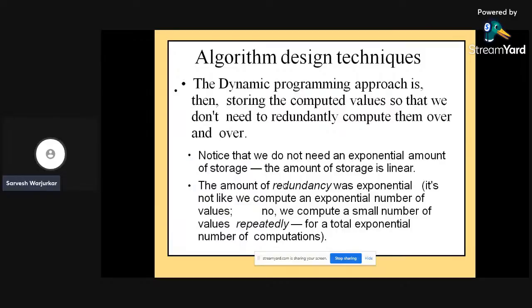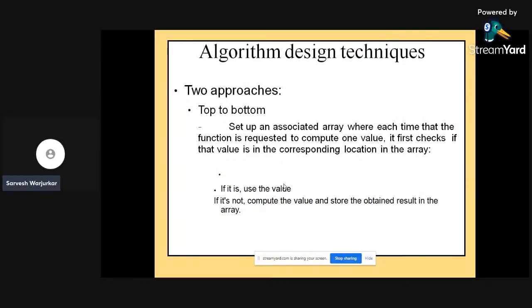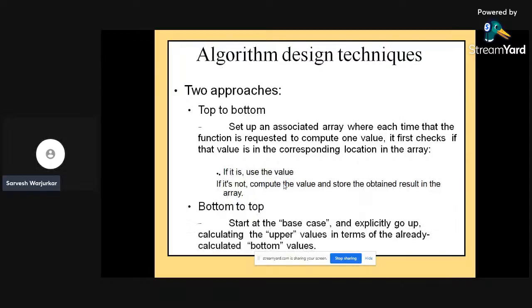The amount of redundancy was exponential, so the computation of smaller values repeated for a total exponential number of computations. As I just mentioned, there are two different approaches to solving the problem: a top-down approach, and the second one, a bottom-up approach.